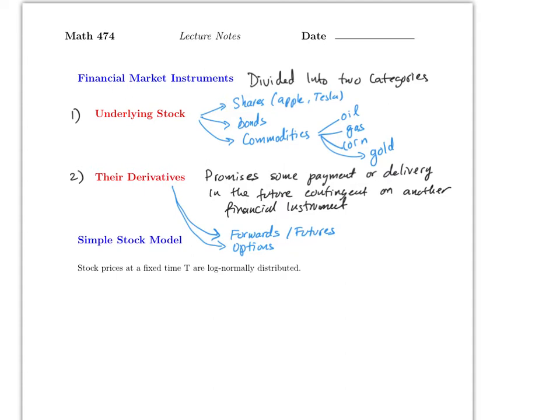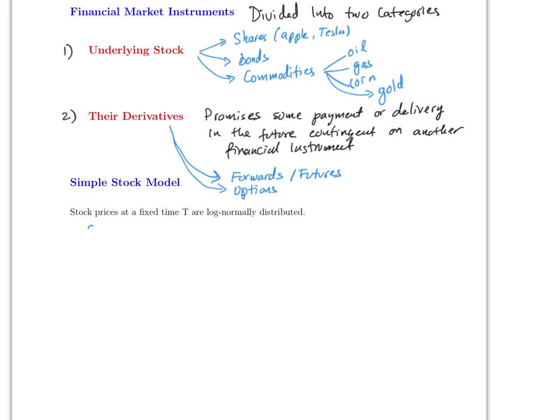We're going to start with a simple stock model, and there is a big assumption here. The assumption is that the stock prices, keep in mind again that a stock doesn't refer only to shares of Apple or Tesla, stock could be any of this, at a fixed time t in the future are log normally distributed, where, for example, let's say that C has a normal distribution with mean mu and variance sigma squared.